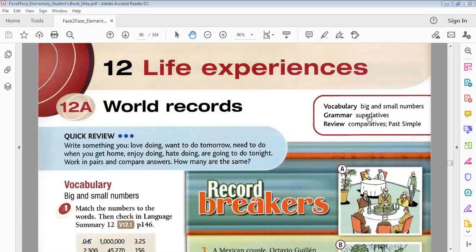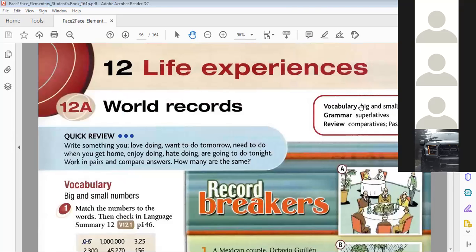Okay, so here we'll talk about comparatives and superlatives. I think in the past we talked about comparatives. Do you remember the lesson about Phuket and Bangkok, when we compared the two cities?